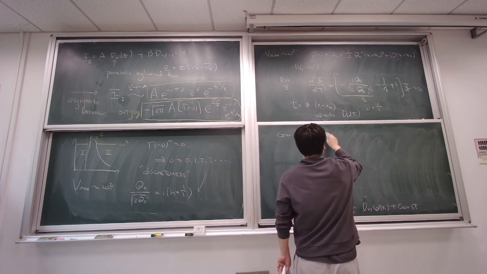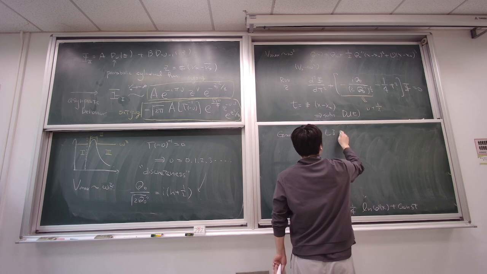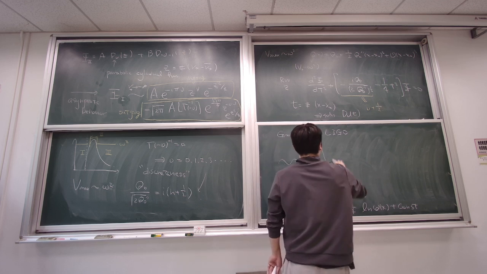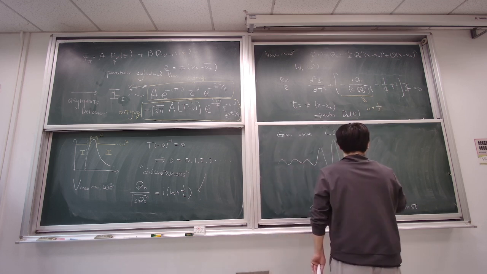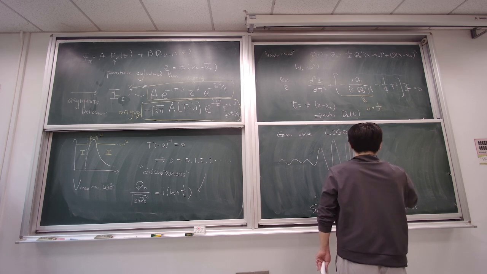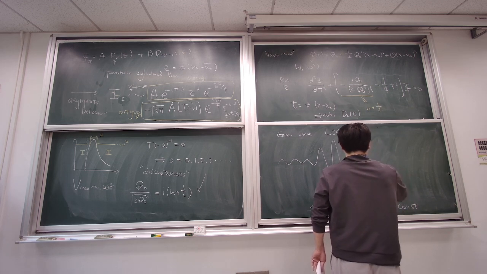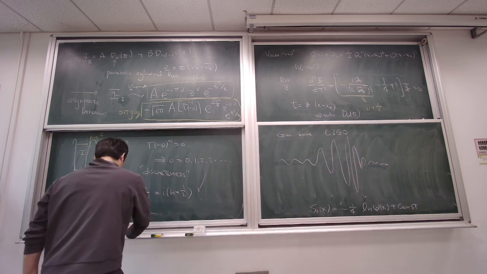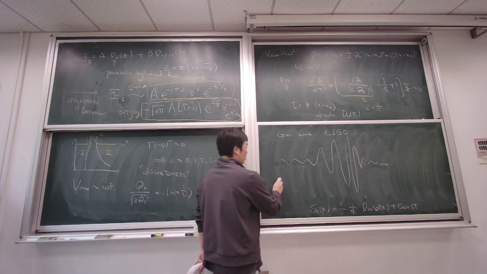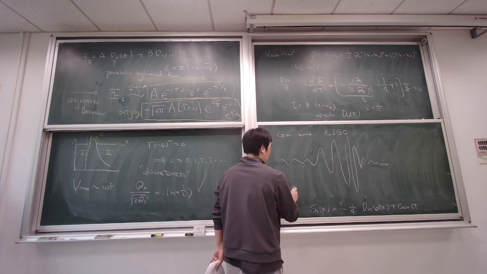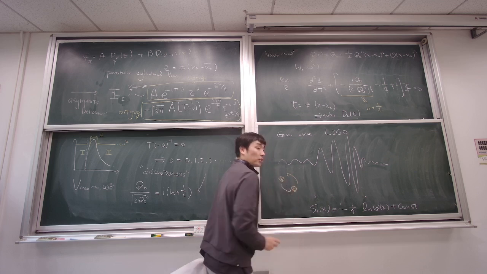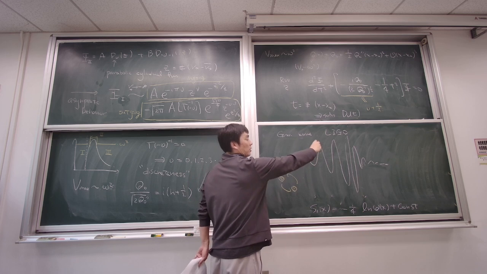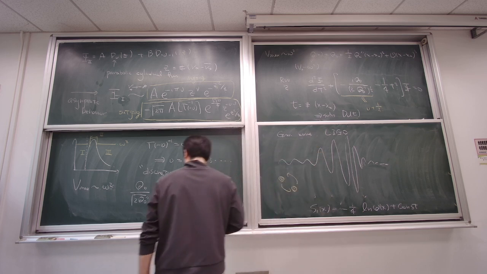If you look at LIGO's website, the first thing you find is always this kind of behavior. Here there is a binary black hole rotating around each other, and gravity gives you the rotational frequency here.